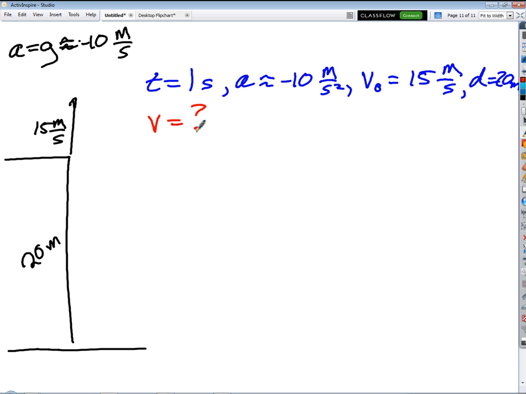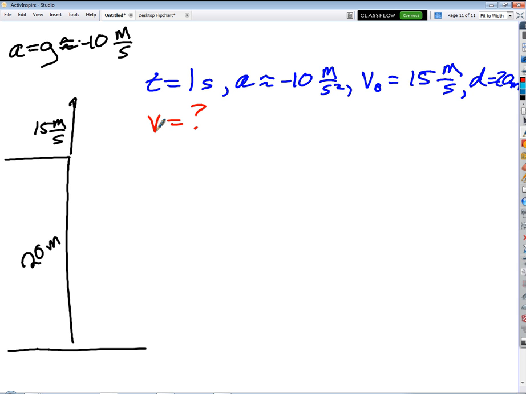I know all this stuff. I'm trying to find that. So the equation should probably incorporate all that stuff that I know, but also just one unknown, right? So I want to pick an equation that only involves the thing I'm looking for and things that I already know, right?